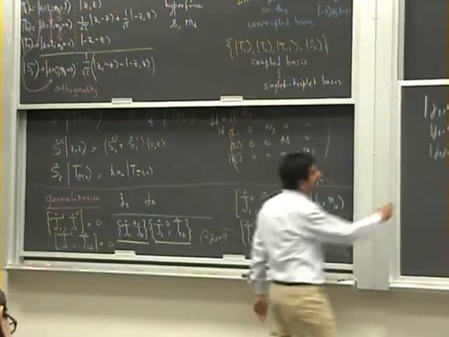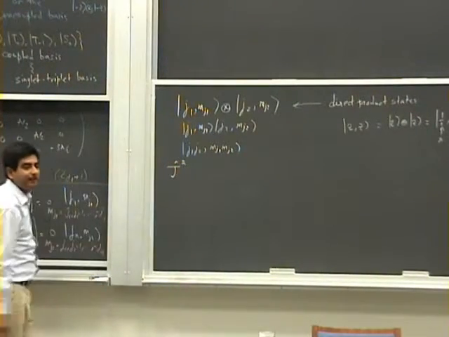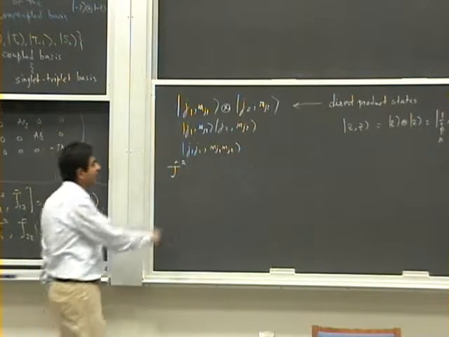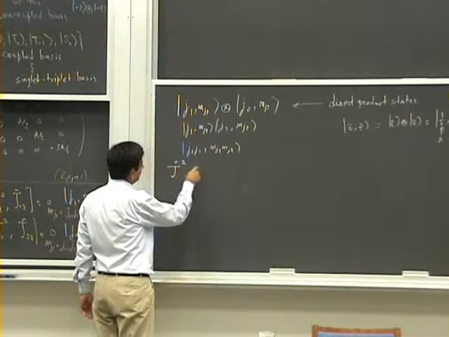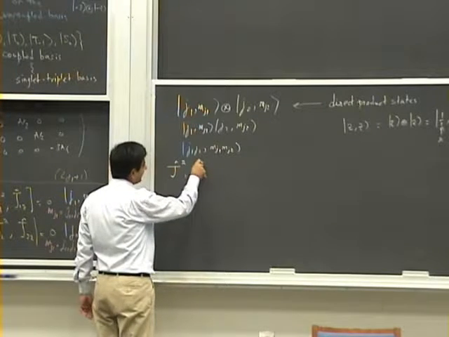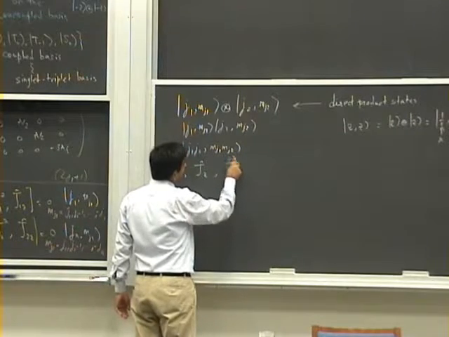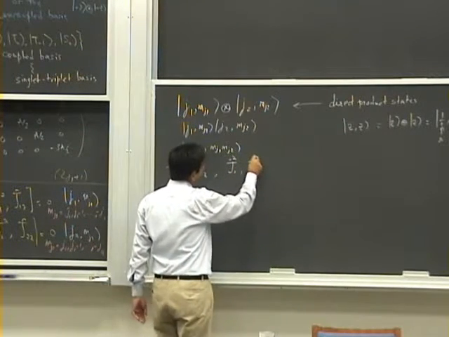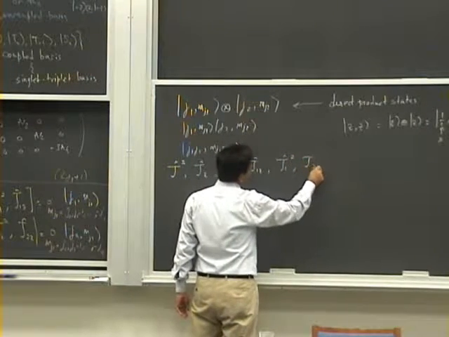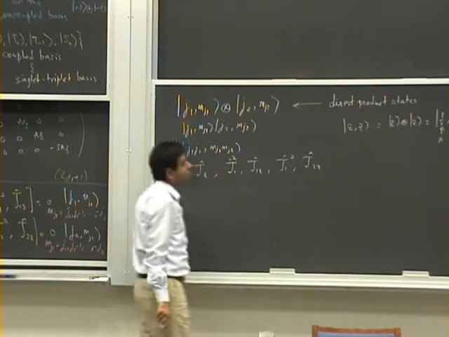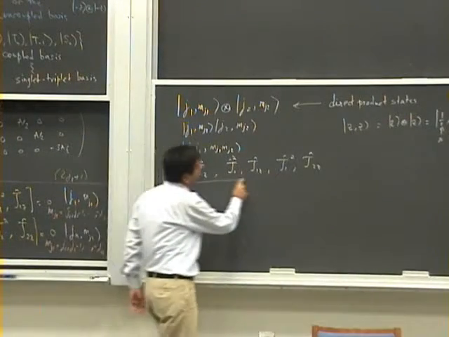Now if I take j squared and I take jz, and I take j1 squared and I take j1z and I take j2 squared and I take j2z, right? Let's take these states. Okay, let's focus on these operators.